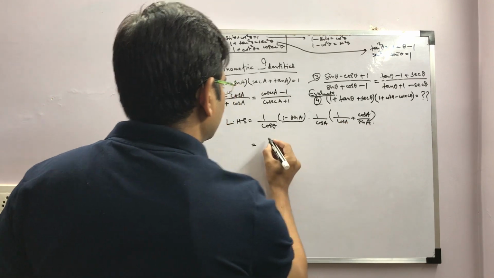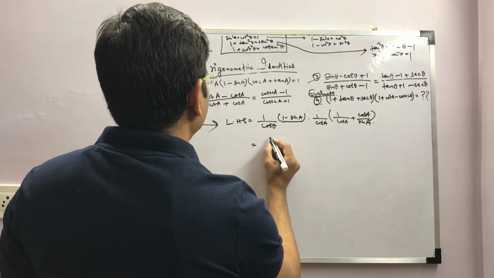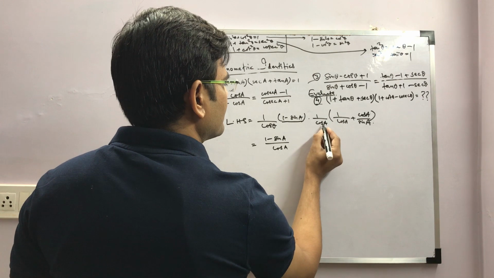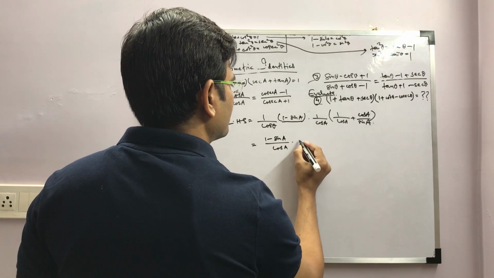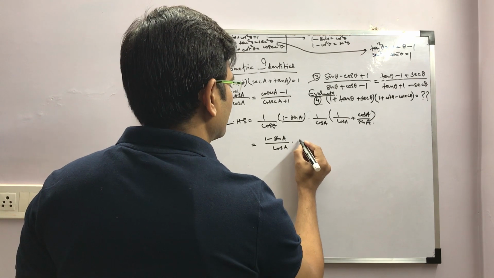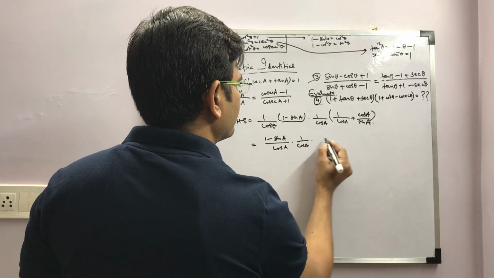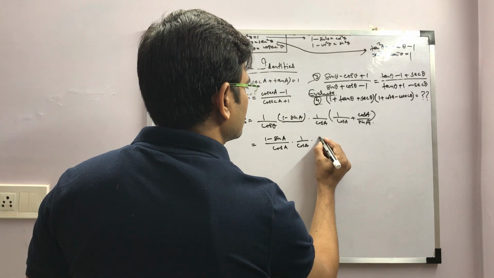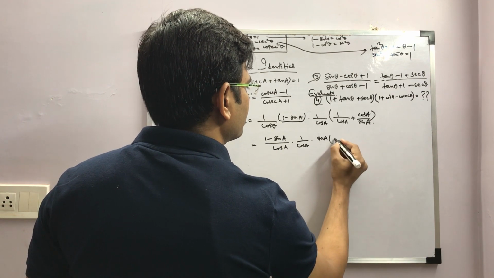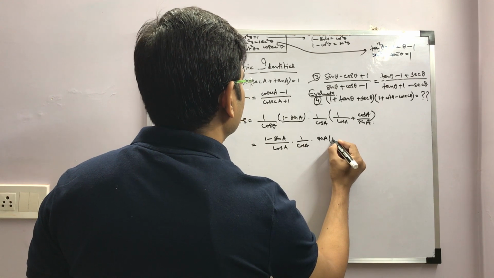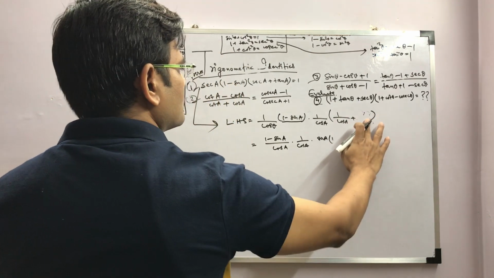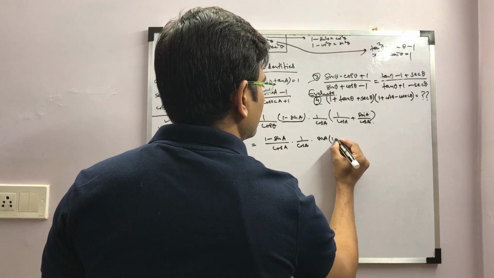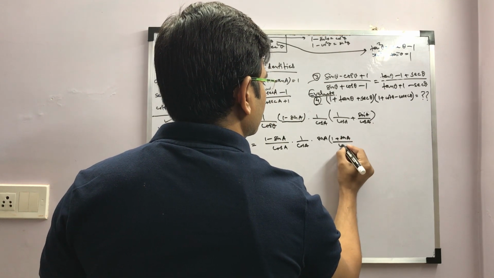You take an LCM here. 1 minus sin A by cos A into 1 by cos A into 1 plus sin A by cos A. I broke this tan into sin by cos, sin A by cos A. Take the LCM, 1 plus sin A by cos A.